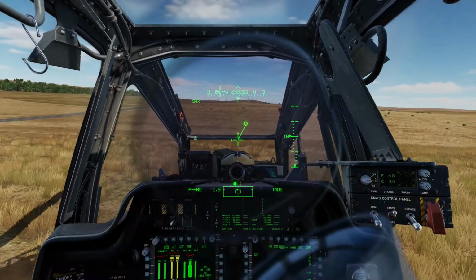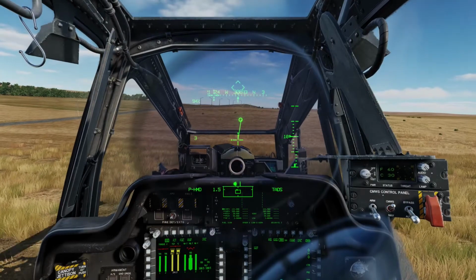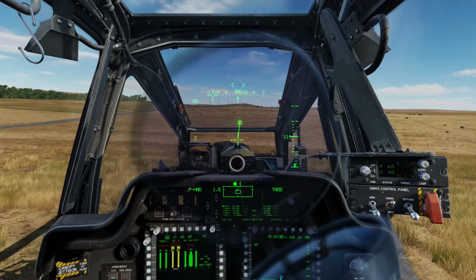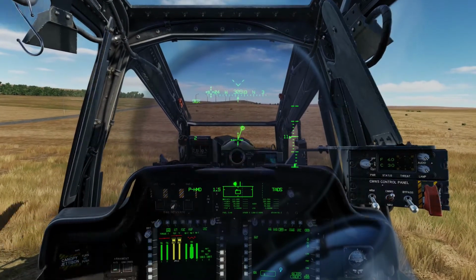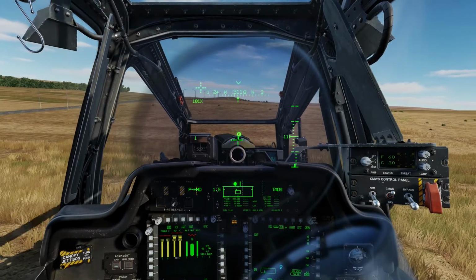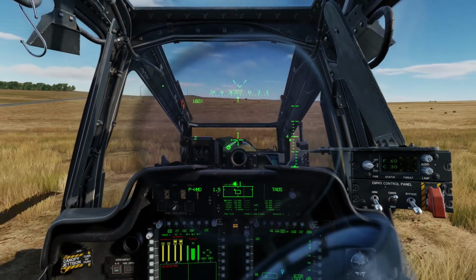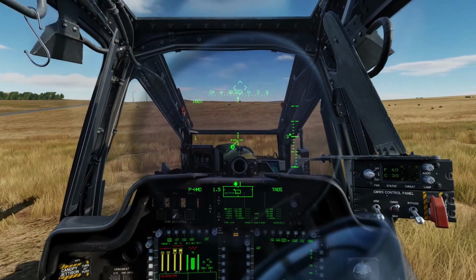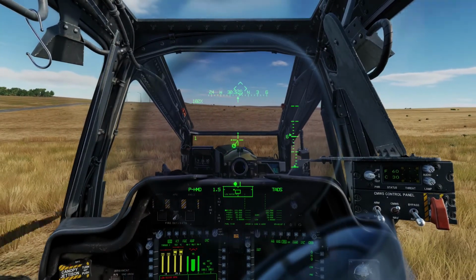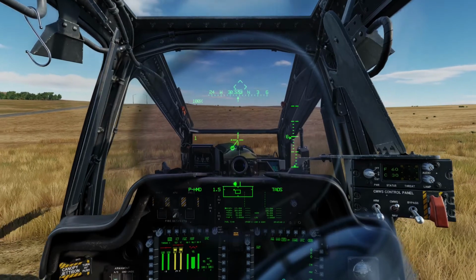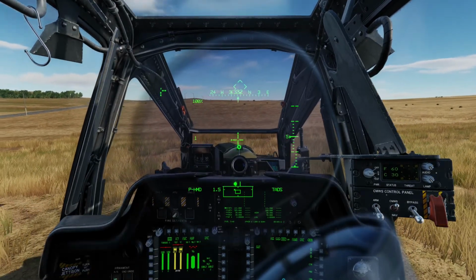And we cannot get any higher without causing the rotors to slow down, causing us to drop, and essentially land back where we started. Rotor RPM low. So right now, ground effect is extremely helping us out just to be able to get off the ground.